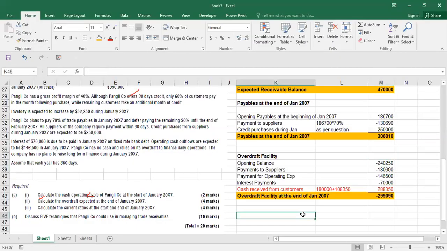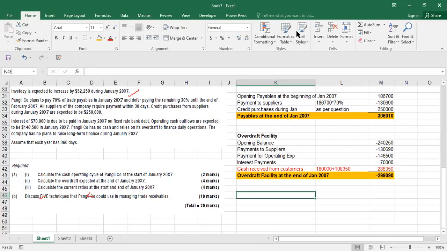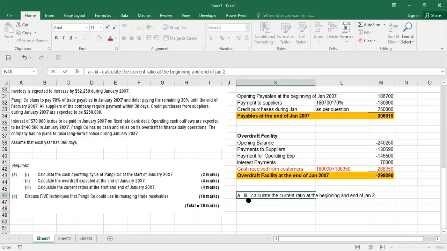Yes. Together. So next part, it says A3, calculate the current ratio at the beginning and end of January 2007.